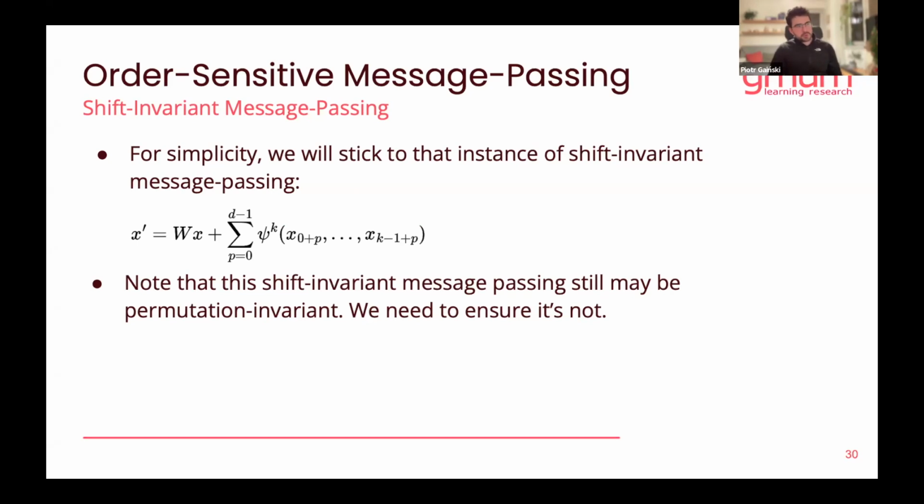So we want to ensure that it's not permutation invariant. It's only shift invariant, because different permutations that are not shifts of the same permutation are different images, or mirror images, of the chiral center or whatever.